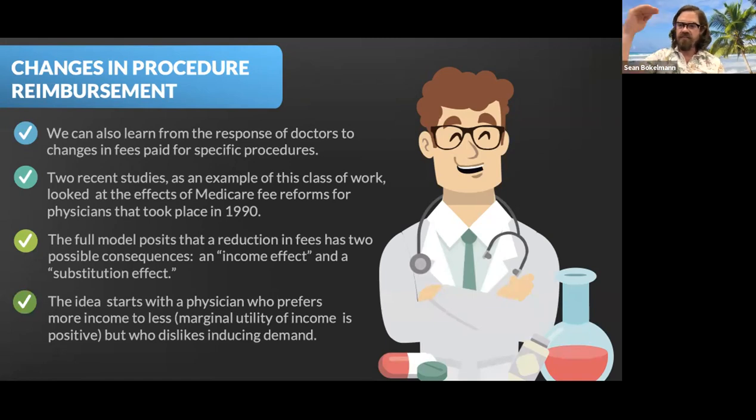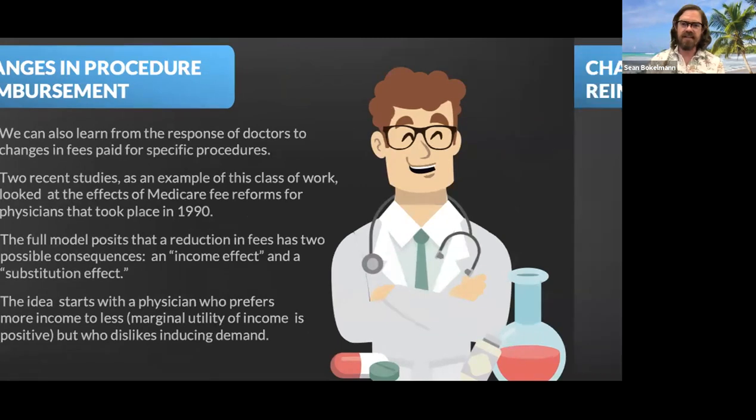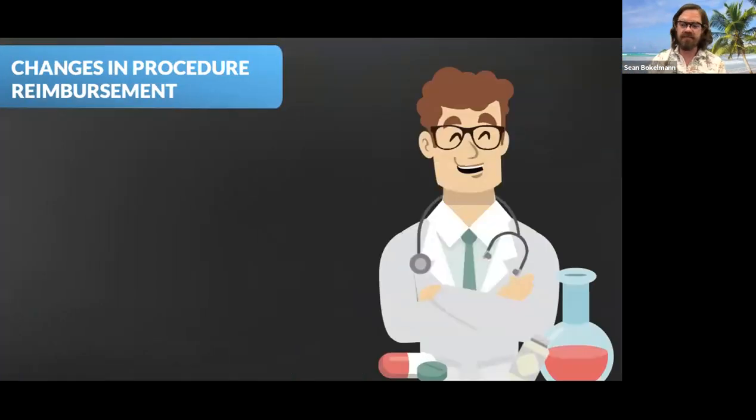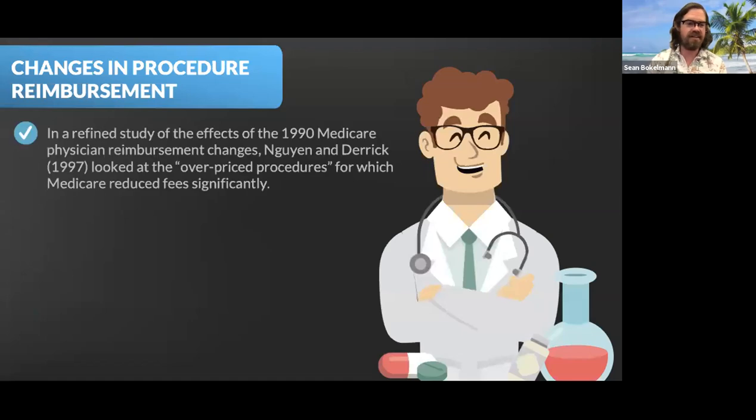If the fee is reduced, that's a reduction in income, an income effect, but doctors could potentially substitute for this with induced demand, to try to boost their incomes back up, but they don't like doing it. That's the assumption in the model, that they feel guilty or something. And so they don't like doing it, but they might if the incentive is strong enough.